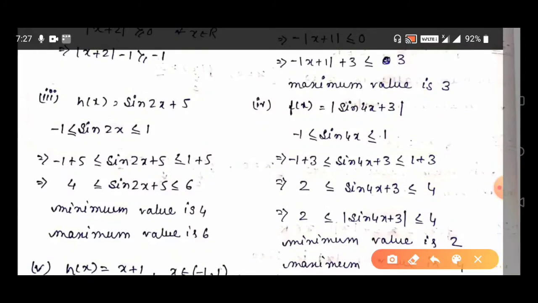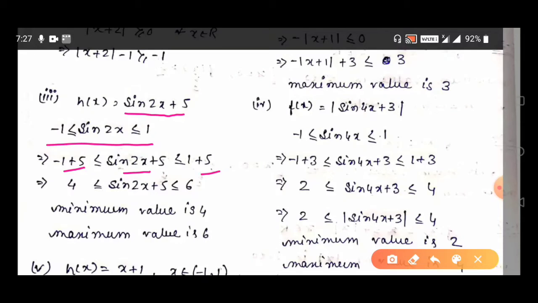Next question is h(x) equal to sin 2x plus 5. Now we know the range of sin x is minus 1 to 1. So we can write here, minus 1 less than or equal to sin 2x less than or equal to 1. Now we add 5, so it will become 4 less than or equal to sin 2x plus 5 less than or equal to 6.